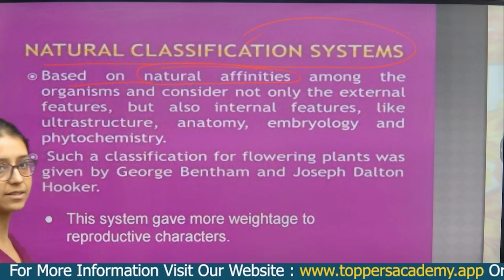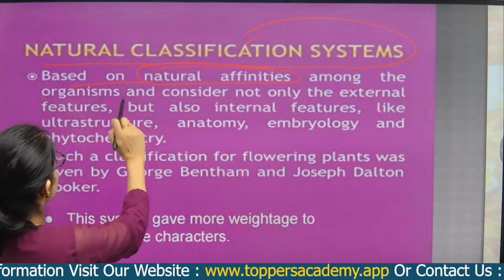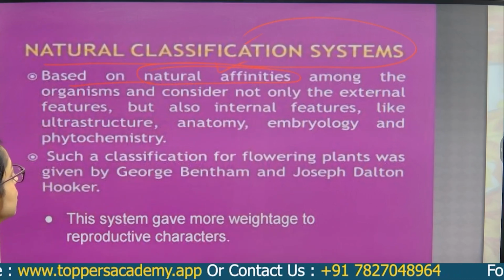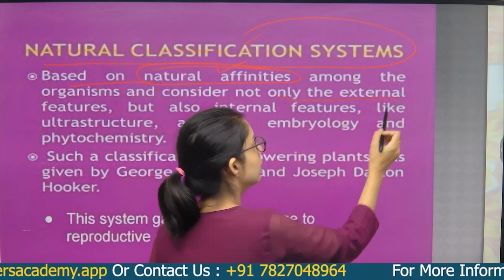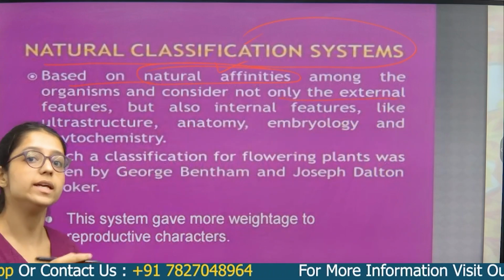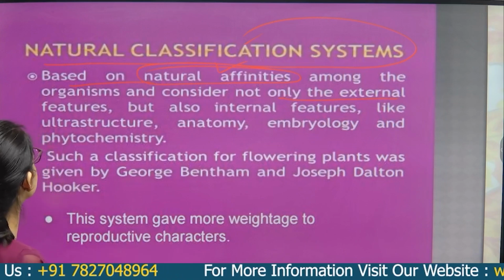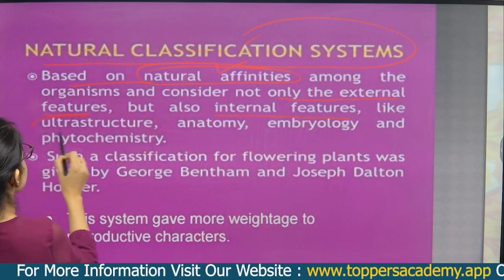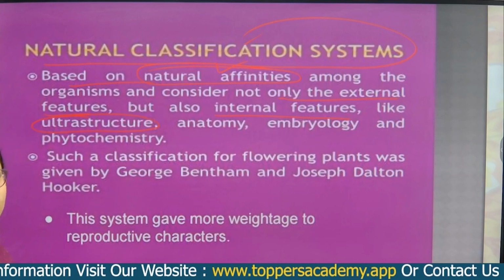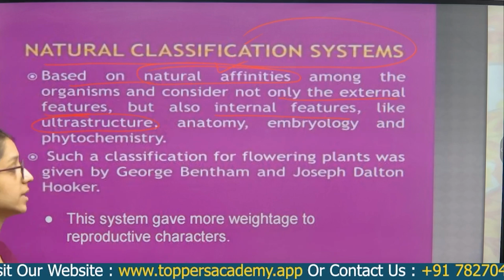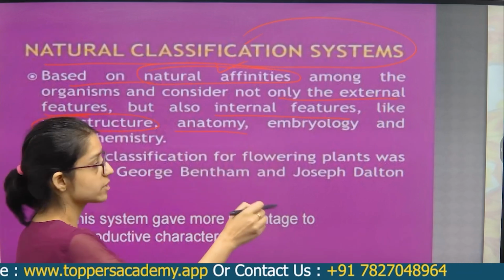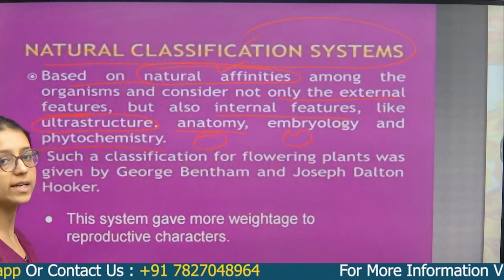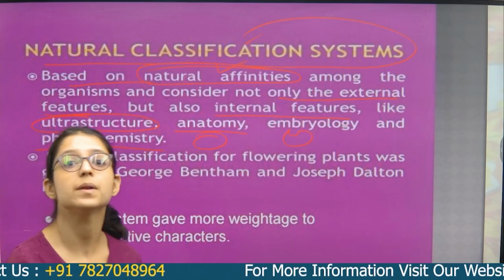In the NCERT, it is written that the natural system of classification is based on natural affinities among organisms, and considers not only the external but also the internal morphology and physiology, features like ultrastructure, anatomy, embryology, the formation of the embryo, and phytochemistry, what kind of chemicals are released by the plants.